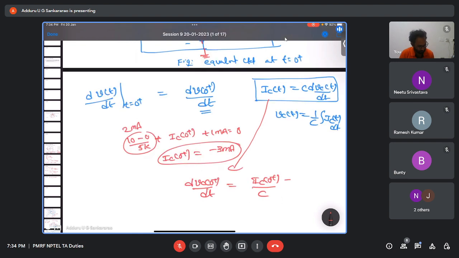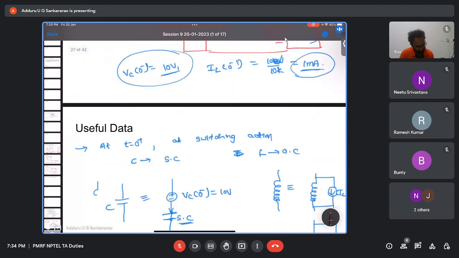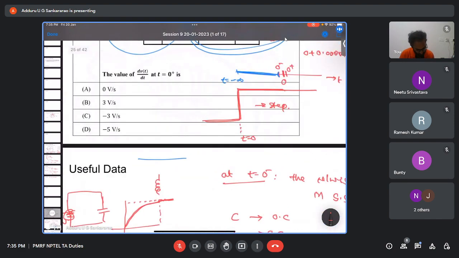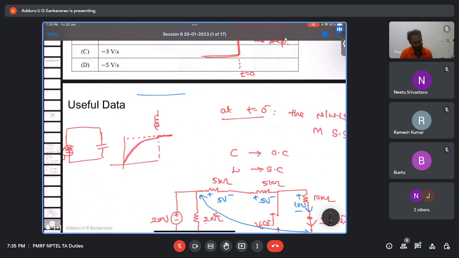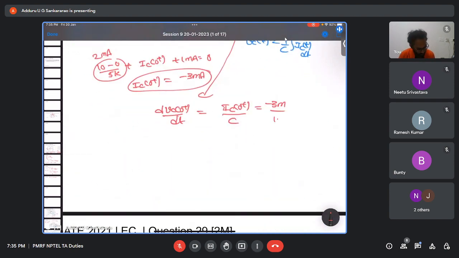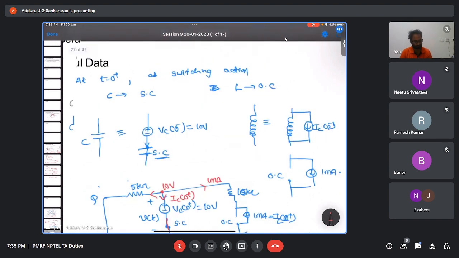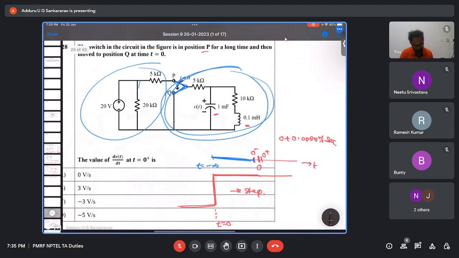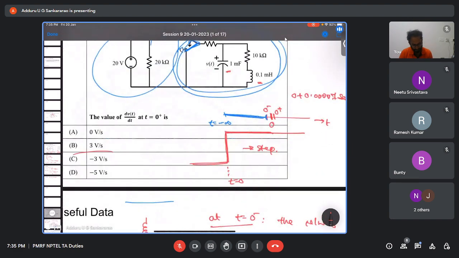So IC of 0 plus is minus 3 milliampere, by the capacitance, which is 1 millifarad. So minus 3 volts per second we will get. So C is the answer, minus 3 volts per second.